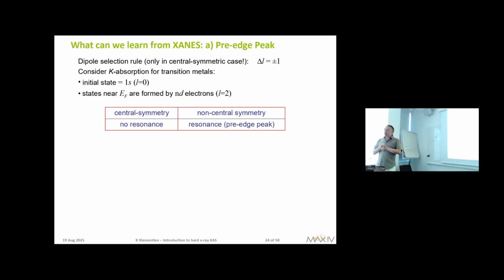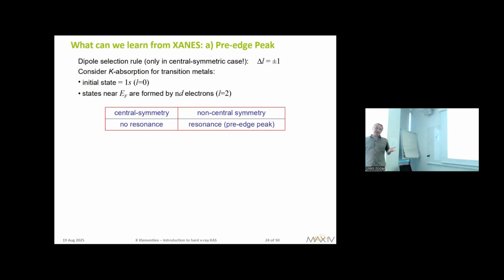And again, I remind you of the dipole selection rule: the orbital momentum quantum number can be changed by plus or minus 1. So if we consider K absorption, the initial level is 1s, and the final states, according to this rule, should be P states, right?